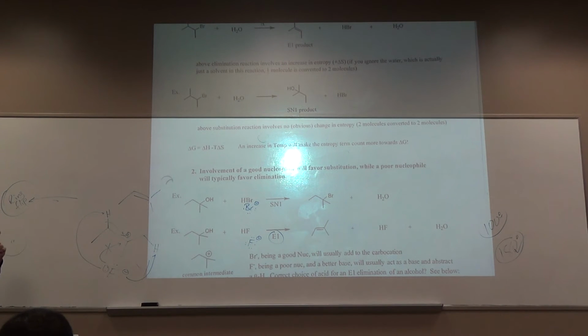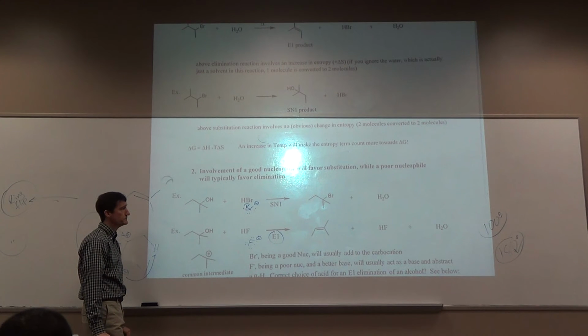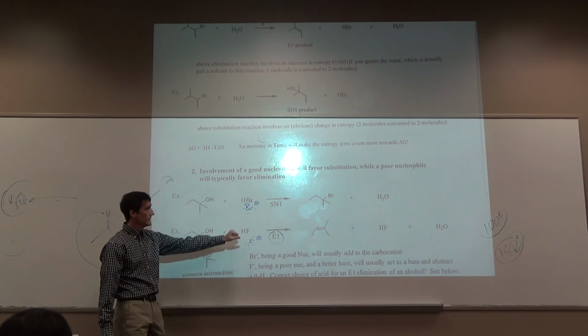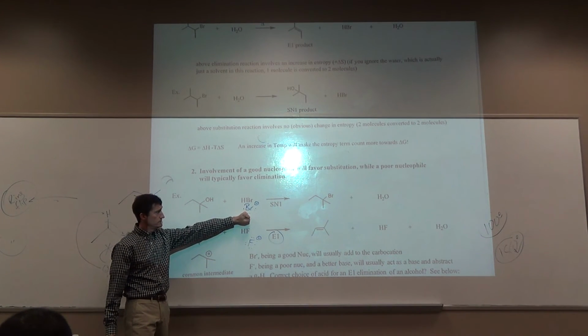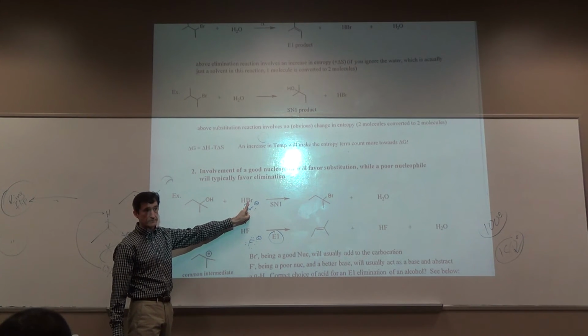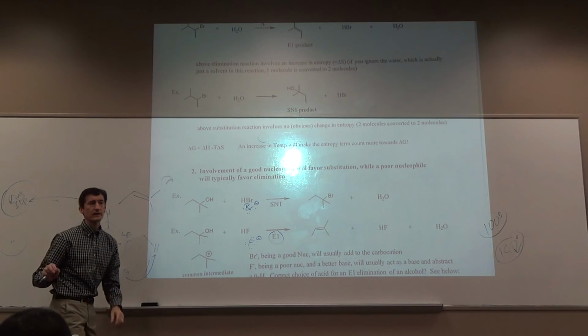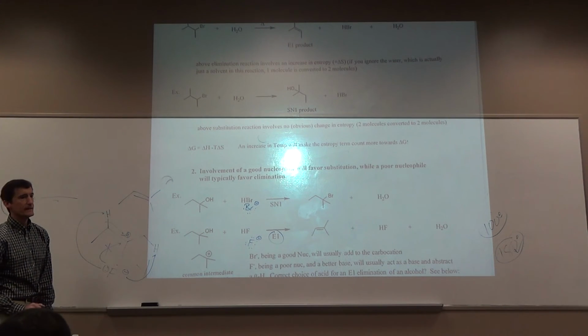So you've got conflicts there. You've got strong acid here. You can't have a strong base in front of a strong acid. Of course, nucleophile is different than base. It's very gray.